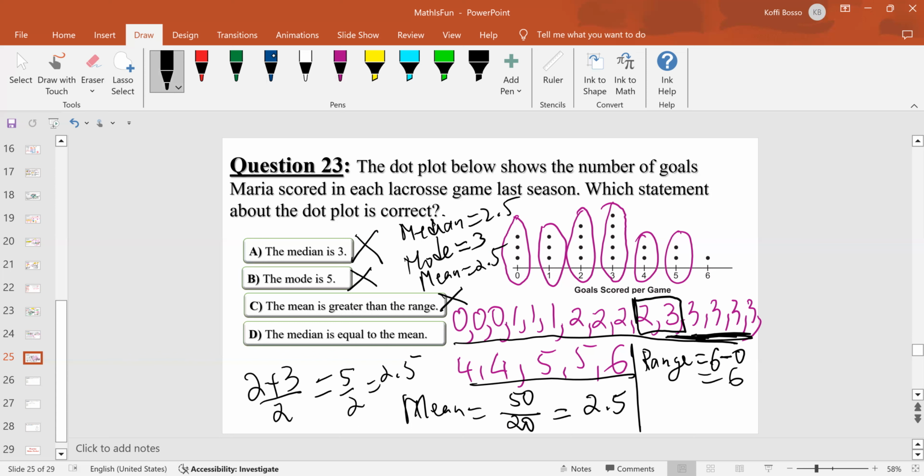So even if I don't finish, I know that this is the correct choice. D is the correct choice, because that's the only choice left. But let's check. The median is equal to the mean. The median here is 2.5. The mean is 2.5. So the correct choice is D.